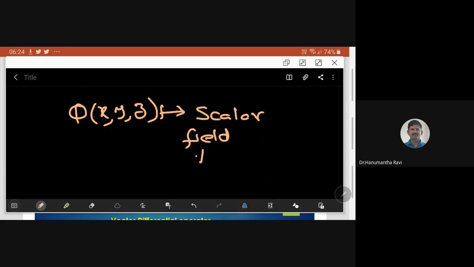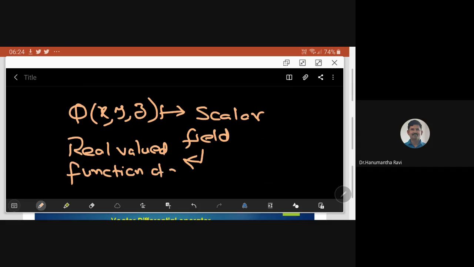That also can be viewed as a real valued function of a vector variable.